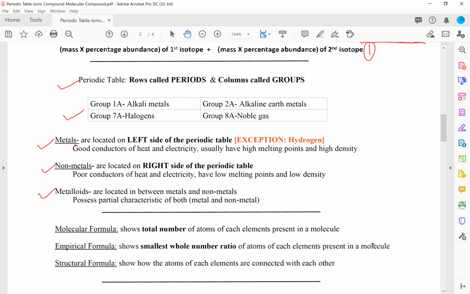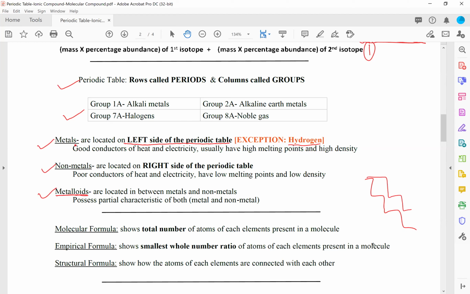What are the metals? Most elements which you see on the left side of the periodic table are referred to as metal elements. The exception is hydrogen. Now, how do we define which is the left side and which is the right side? It depends on the metalloids. As long as you know where the metalloids are, it's like a zigzag fashion.